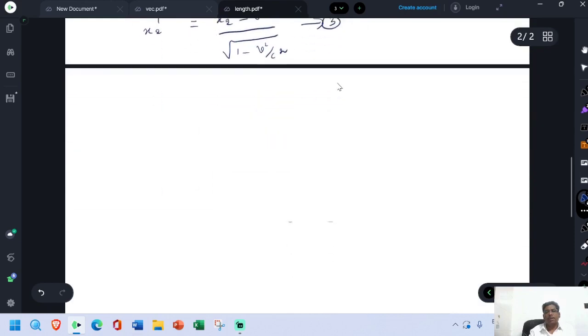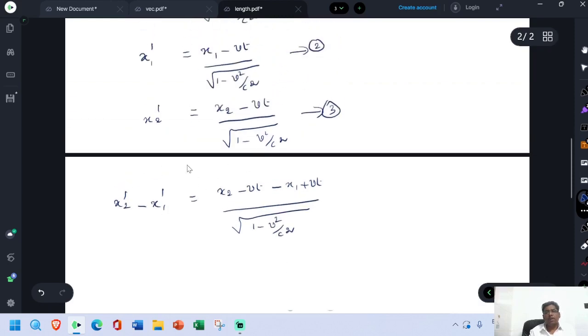Now x2 dash minus x1 dash. x2 dash minus x1 dash equal to x2 minus Vt minus x1 plus Vt whole divided by root of 1 minus V square by C square. This is x2 dash, this is x1 dash.